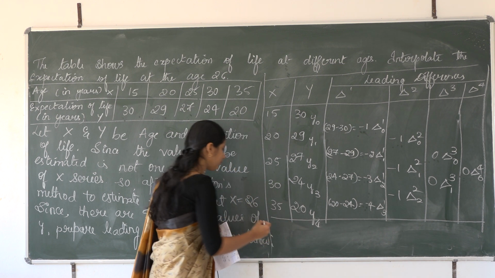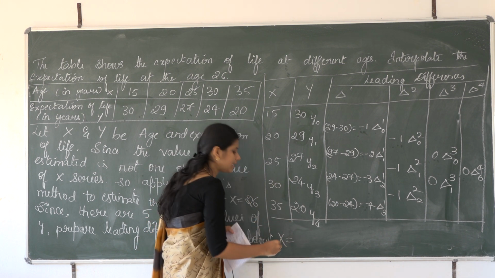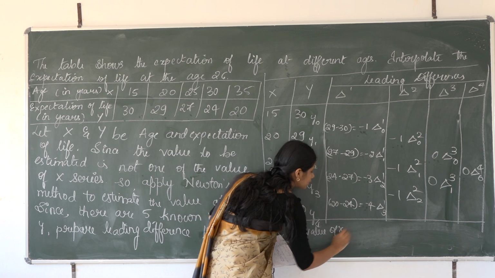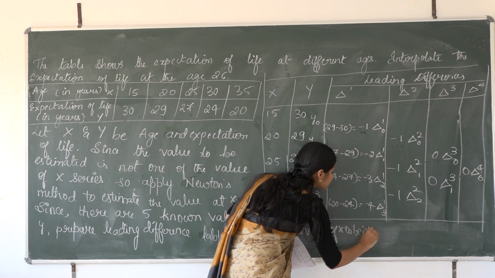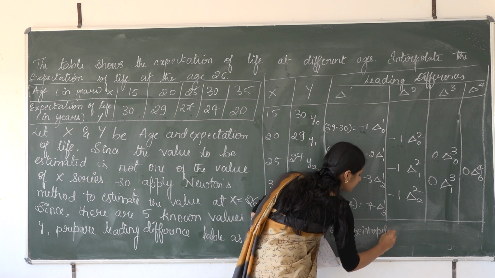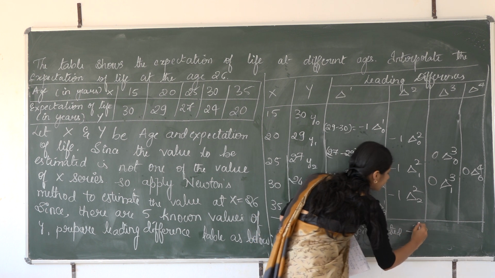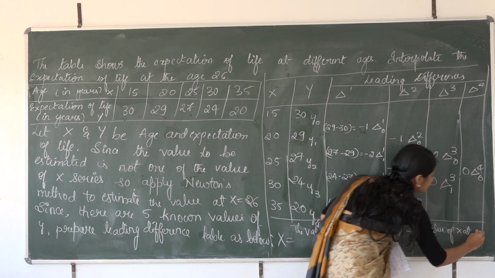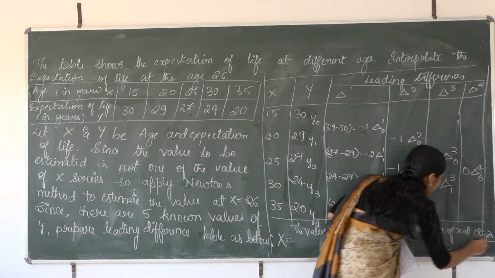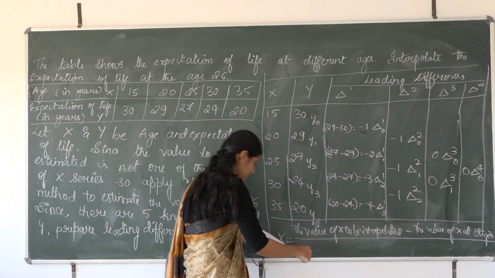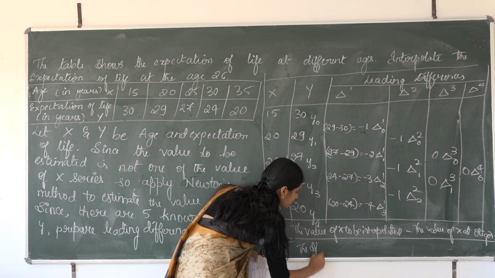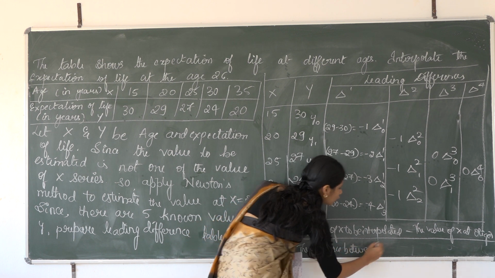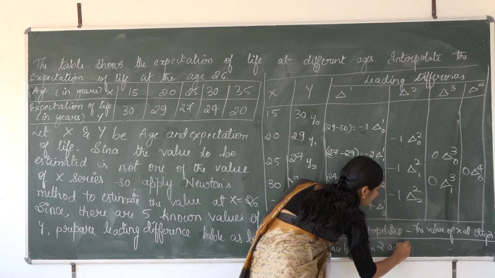Now we will find out the value of x. You know the formula: x is the value of x to be interpolated minus the value of x at the origin, divided by the difference between two adjoining values of x.